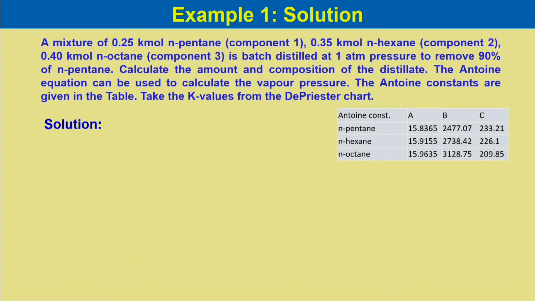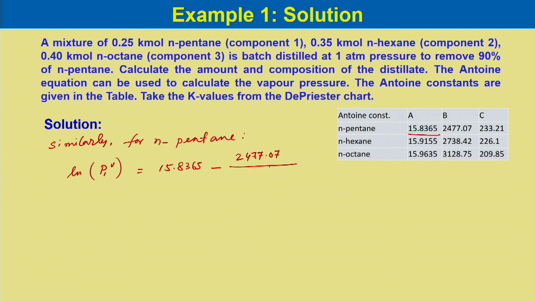Now, similarly, for N pentane we can obtain the vapor pressure, that is ln P1V would be equal to 15.8365 minus 2477.07 divided by 233.21 plus 68.8, which we have obtained for the reference component.